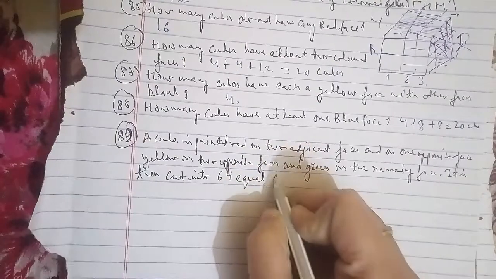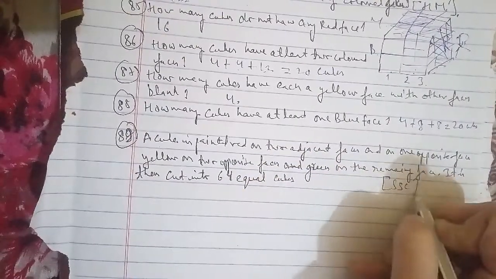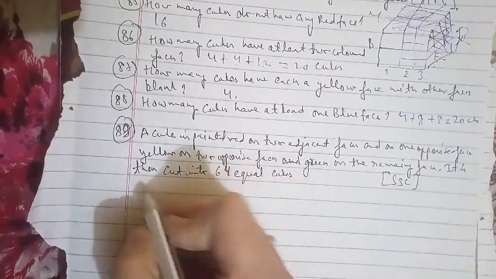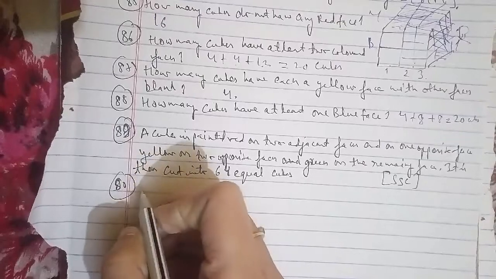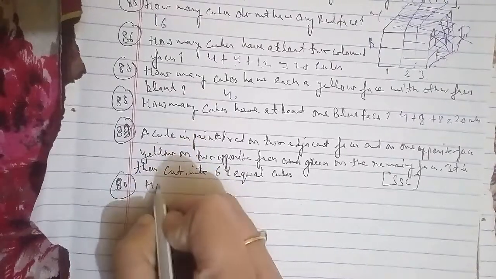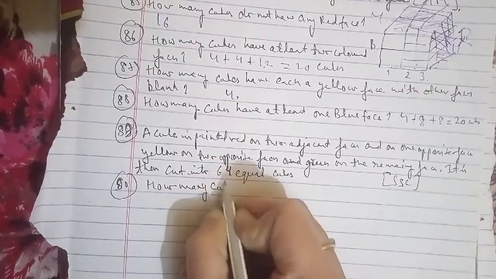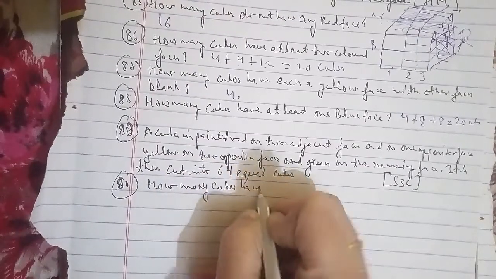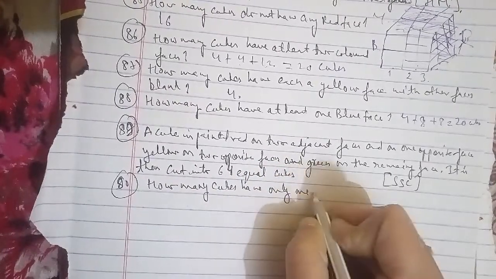As I told you, this has been asked in the SSC examination paper. The options we have are 4, 8, 12 and 16. On the same we'll draw the figure so that it shows the cube painted as stated in the question, which is going to be as follows.